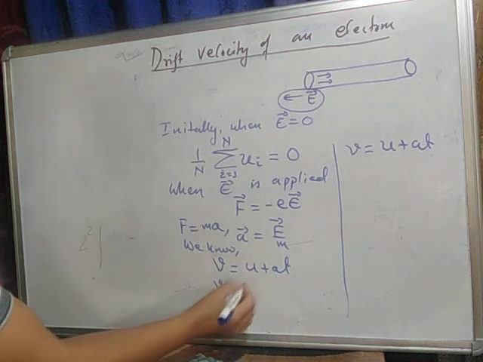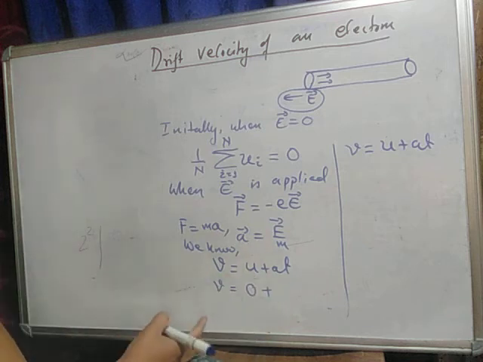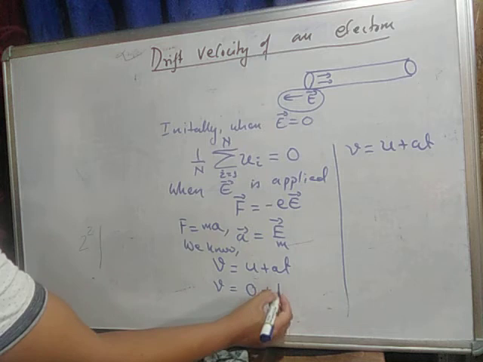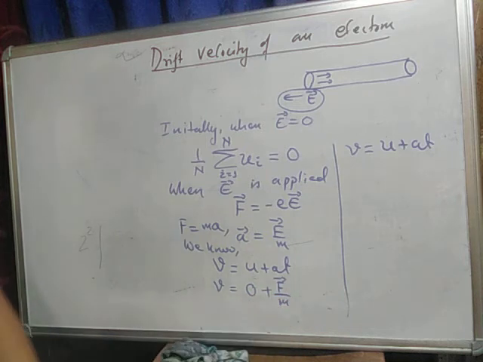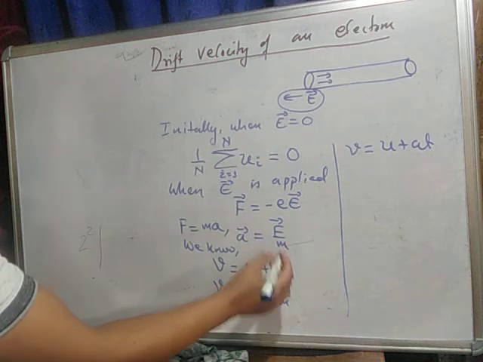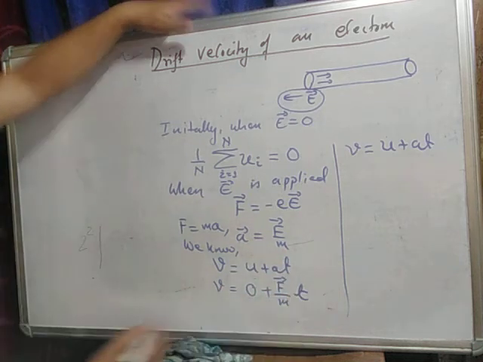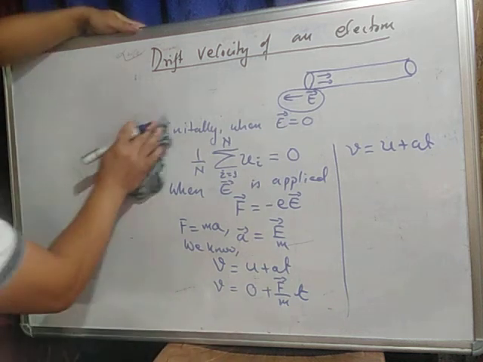V how much? Sorry, U how much? 0. A how much? This one is your A, isn't it? F by m. Clear? So into t, isn't it? Time. This is the time. So up to here you understood.